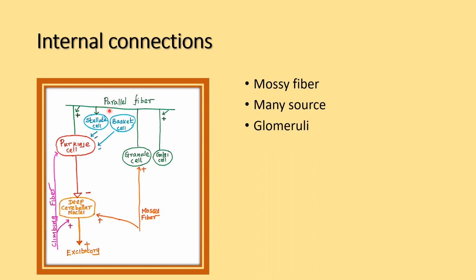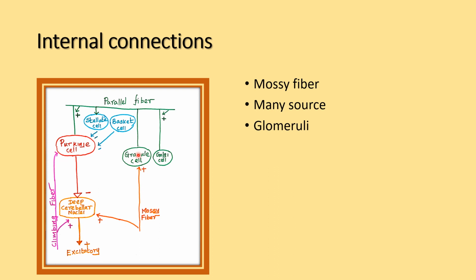So the granule cell stimulates the basket cell and stellate cell. These basket cells and stellate cells inhibit the Purkinje cell. This is the example for feed forward inhibition. The granule cells stimulate the Golgi cell. The Golgi cell inhibits the granule cell. It is the example for feedback inhibition.